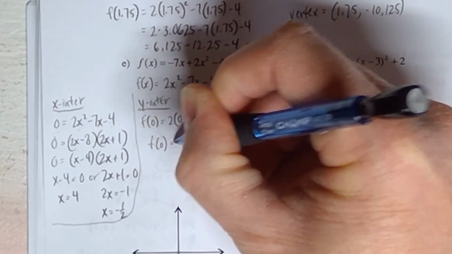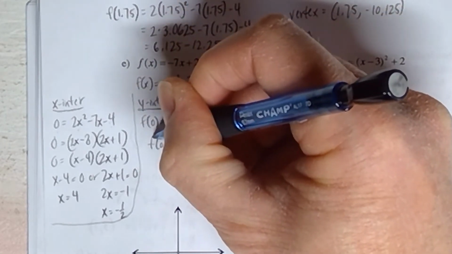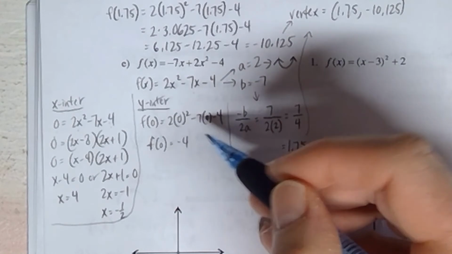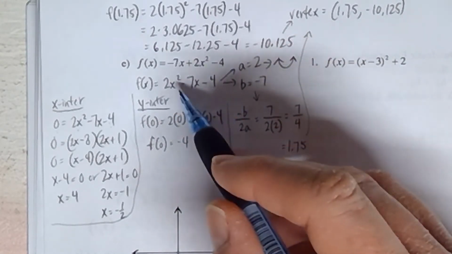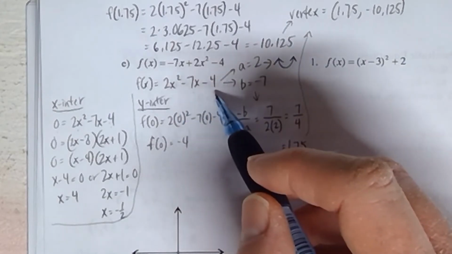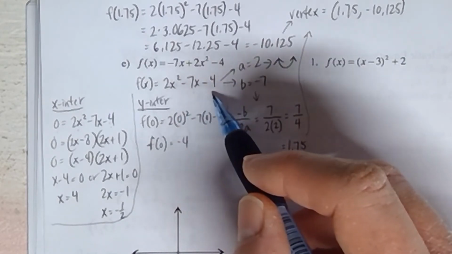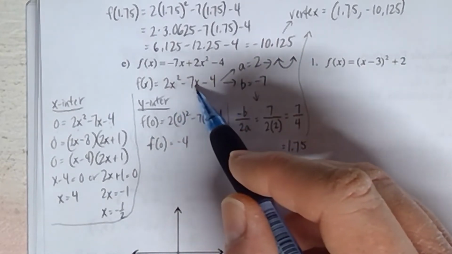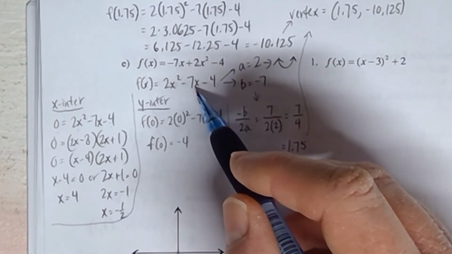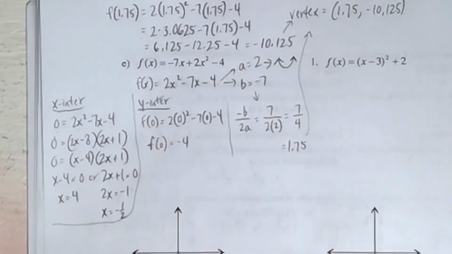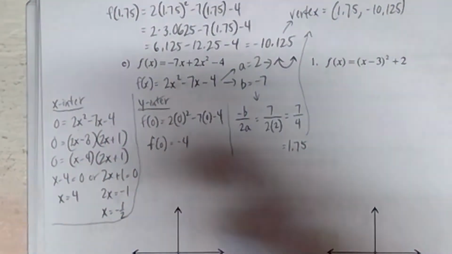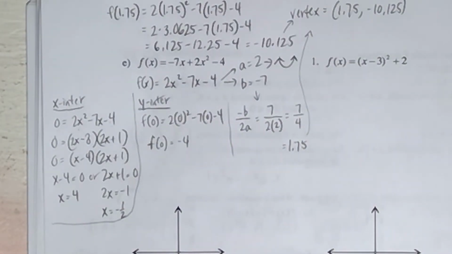I could have done that on the last problem, but I kind of did it the long way there. But you could have, whenever you have just a normal polynomial, terms with pluses or minuses in between, no brackets, the terms that have the x's in it just become zeros when you plug in 0. And so the term that didn't have a variable in it is what you end up with every time. So it's just a little bit of a shortcut there for you.